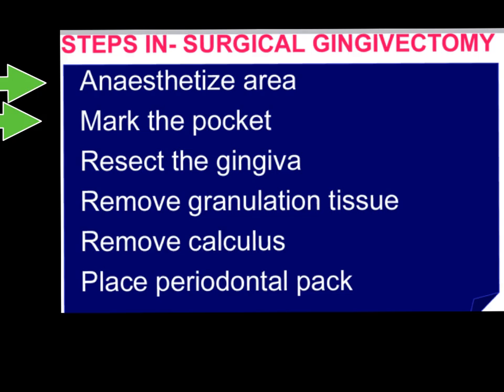Third, resection of the gingiva with the Orban periodontal knife or with the blade. Removing granulation tissue with a curette or scaler, and removing the calculus, and finally placing the periodontal pack.